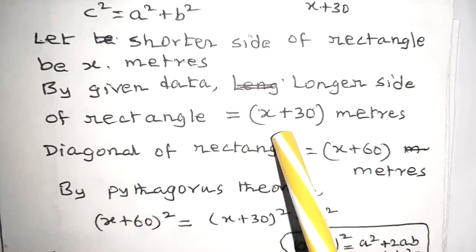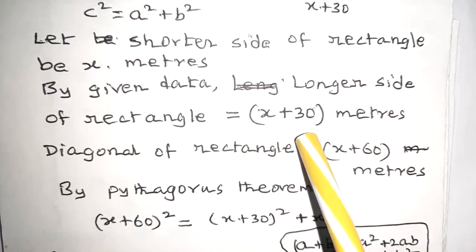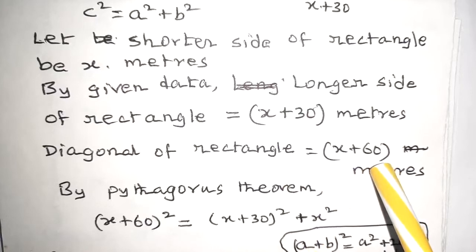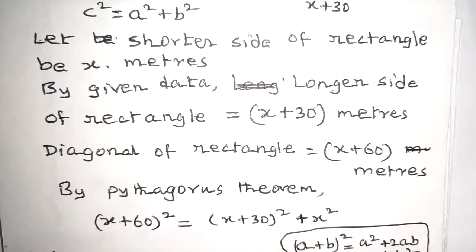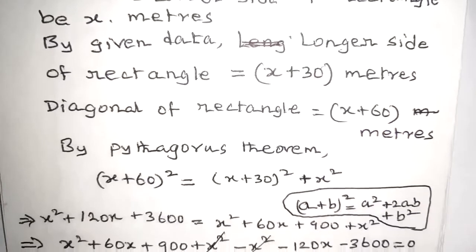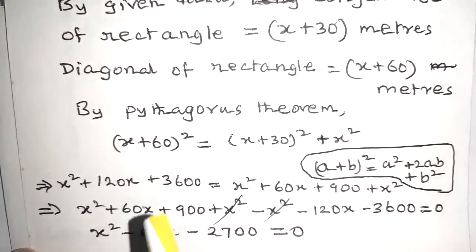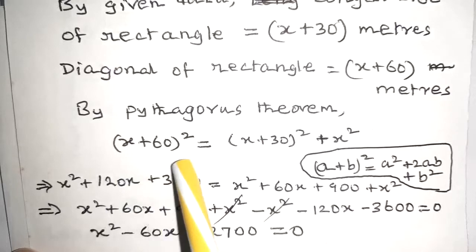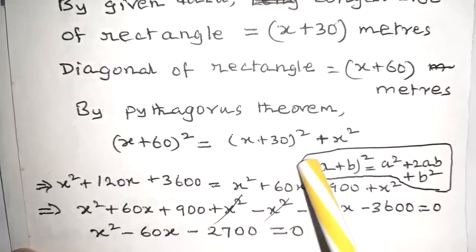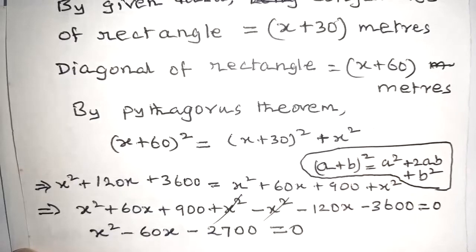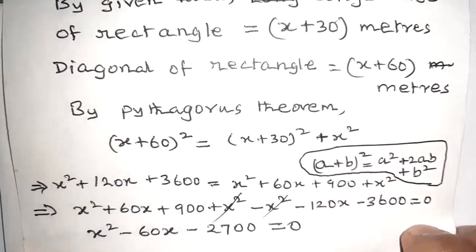Then longer side becomes x plus 30, diagonal becomes x plus 60 by the given data. Now, using Pythagoras theorem, we can write diagonal square equal to longer side square plus shorter side square in the right angle triangle.